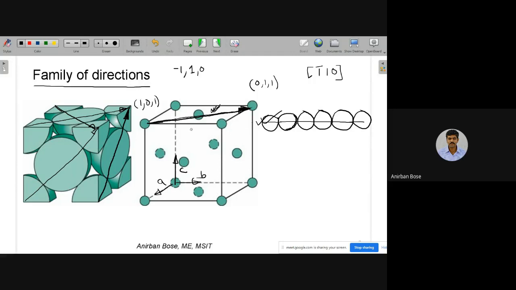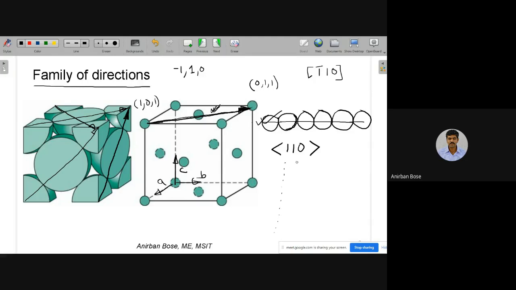Okay, so if the directions are in the same family, they are represented within caret. So here you can see, any member of the family can be represented in it. Okay, so if we write simply like 1, 1, 0 is definitely one of the family member, then this represents that it contains actually all the family.